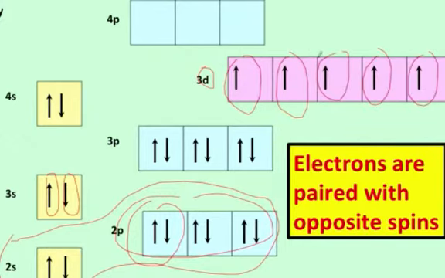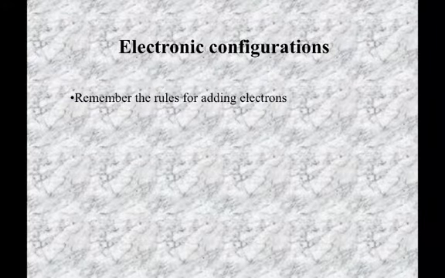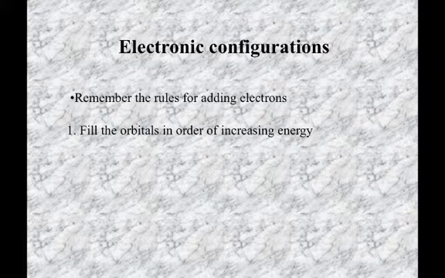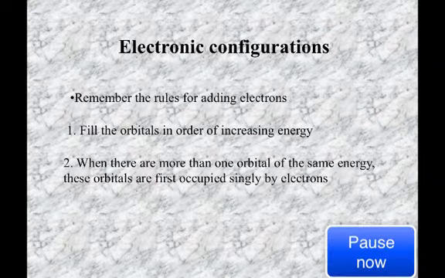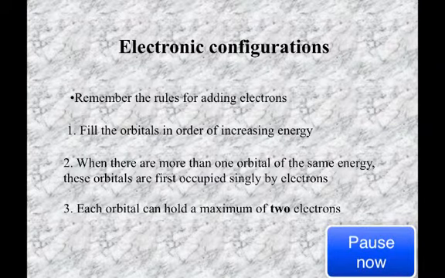Only if I come along with another electron that wants to go into an orbital, only then will I start to pair it up with another one, just like the seats on the bus. So we'll talk about how we fill the shells. First of all, we fill from the bottom up in increasing energy, and we try and keep electrons single in each orbital wherever possible, but they can hold up to a maximum of 2.